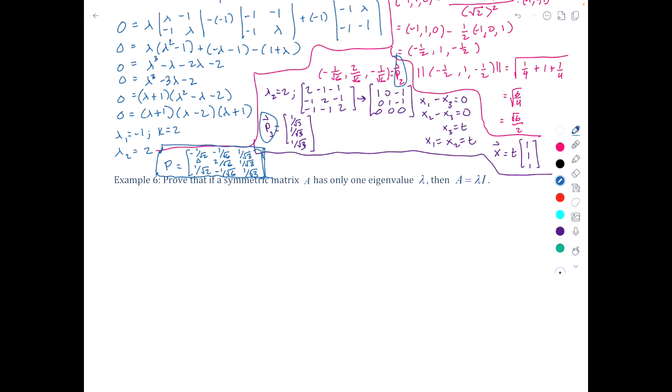All right. So now, last problem. We want to prove that if a symmetric matrix A has only one eigenvalue lambda, then A has to equal lambda I. So suppose P inverse AP is diagonal with one eigenvalue lambda.